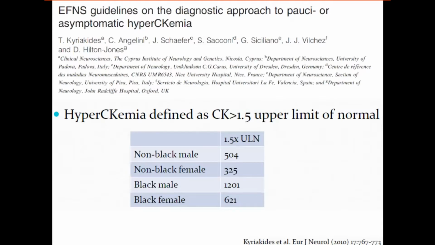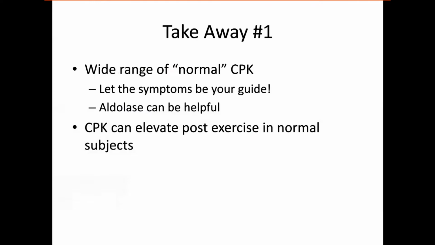So anyway, the first takeaway that I want everyone to realize, this is sort of the second takeaway, is that there is a wide range of normal CPK values. How exactly any lab comes up with a particular upper limit of normal is quite arbitrary. And remember, the CPK exists in that non-Gaussian distribution where a lot of people who are normal and have no neuromuscular disease will have CPKs of 500, 600, 700, et cetera.